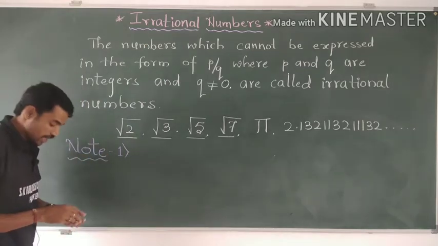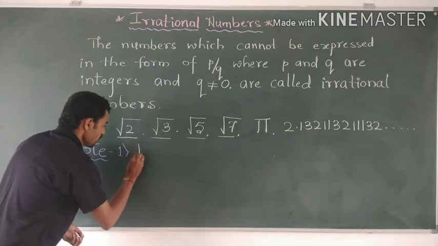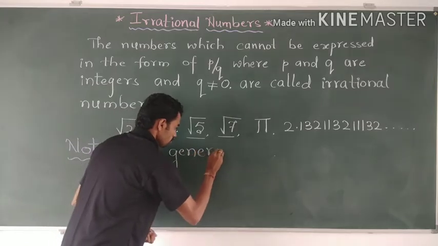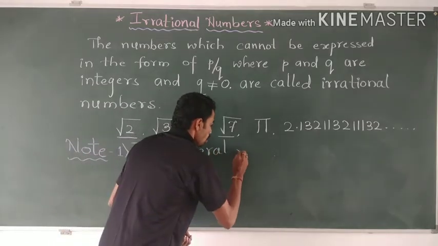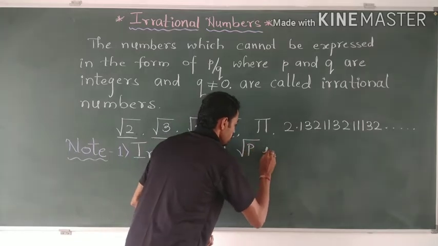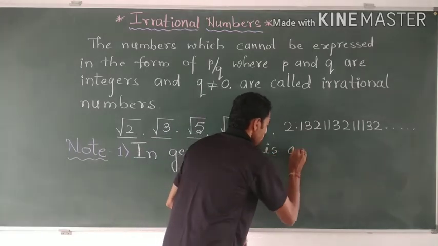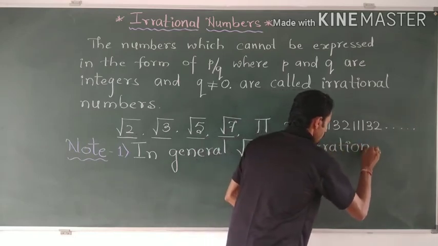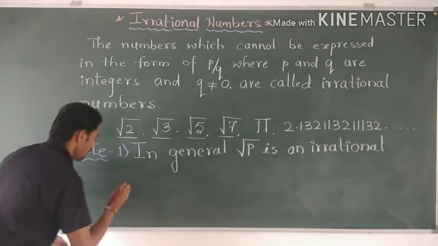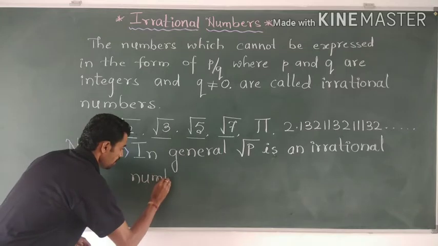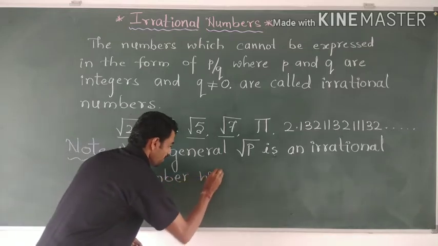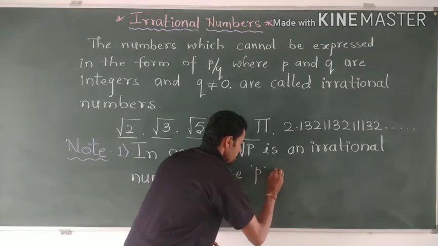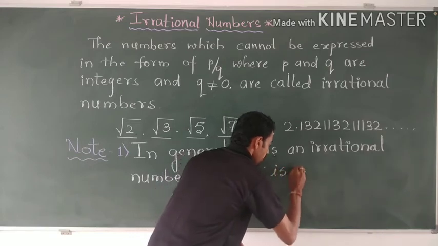In general, what can we say? In general, root p is an irrational number, where p is a prime number.